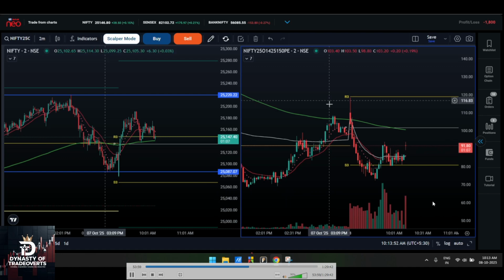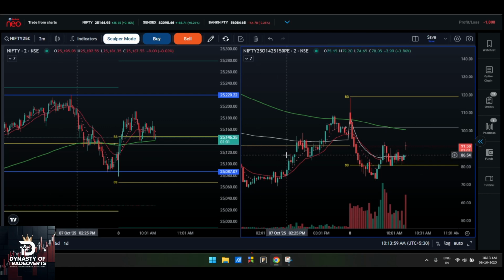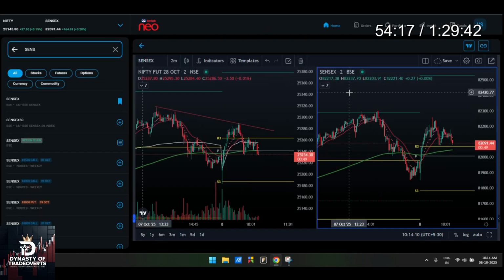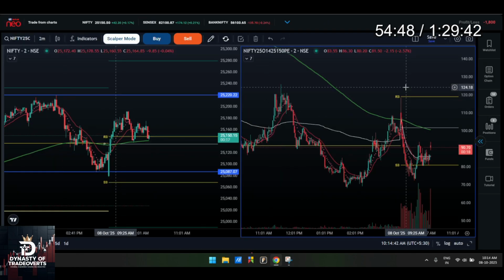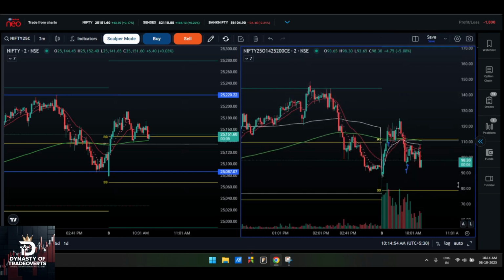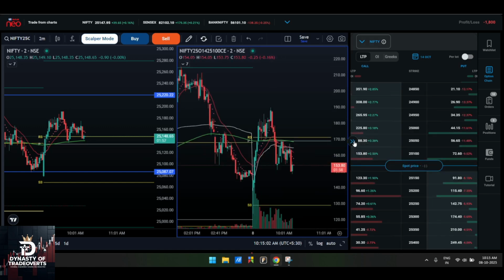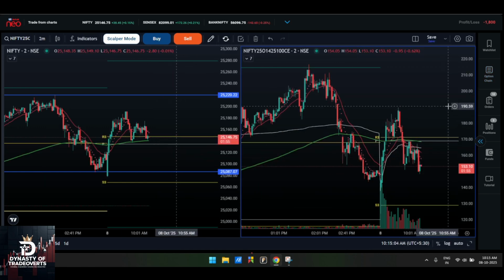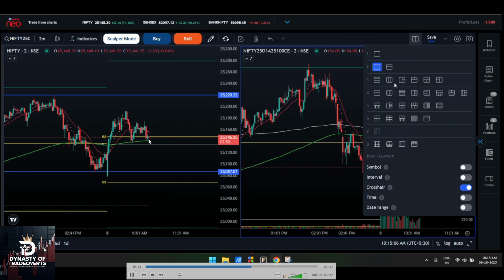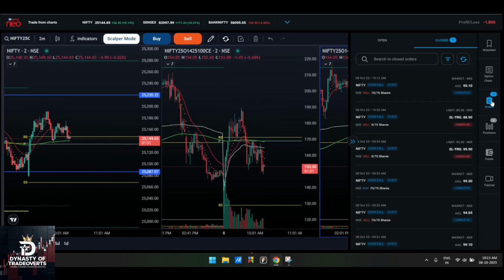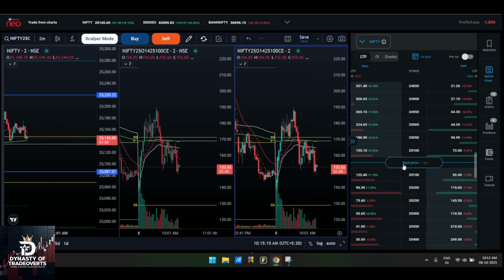Yet I'm trying to go for the put side because there is a spike in the premium. I see Nifty taking support from its 200 EMA, so I am deciding whether I should take another side trade.